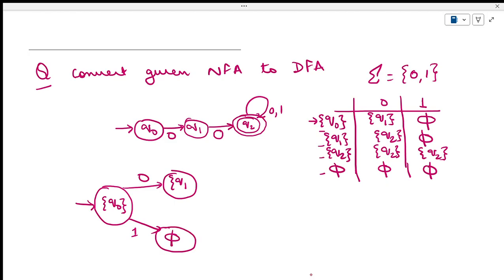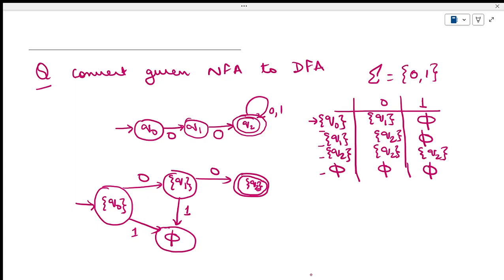Come to state Q1. Q1 on reading 0 is going to state Q2. Q2 was the final state, that is the accepting state, in the original diagram, so make this the final state in the DFA. Again, Q1 on reading 1 is going to state phi.